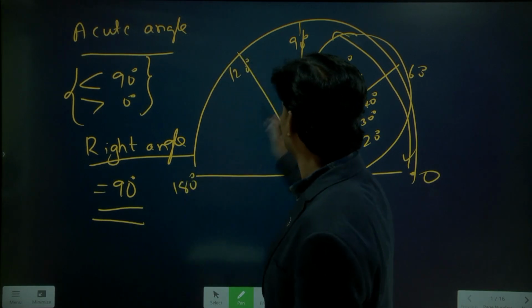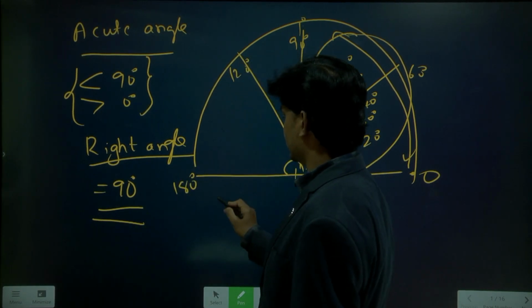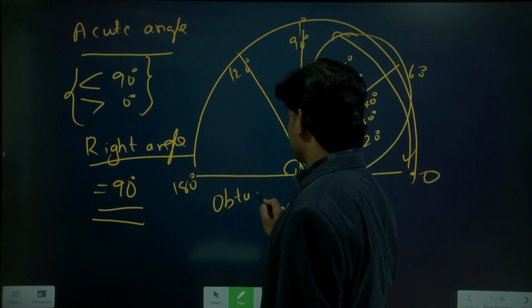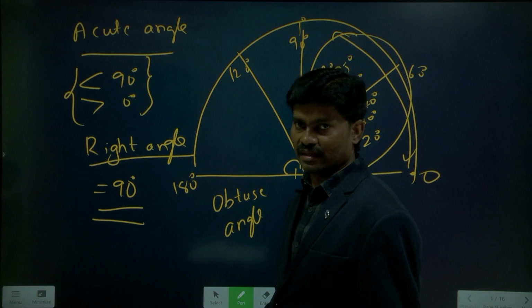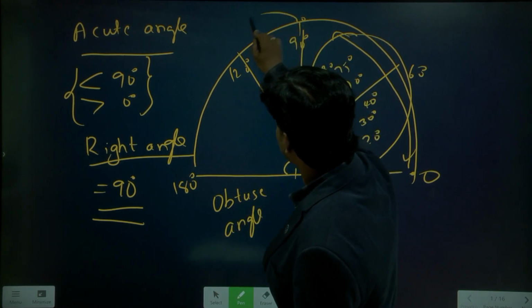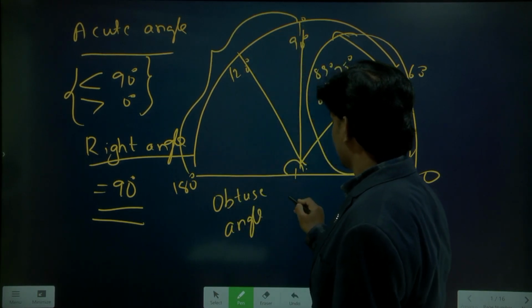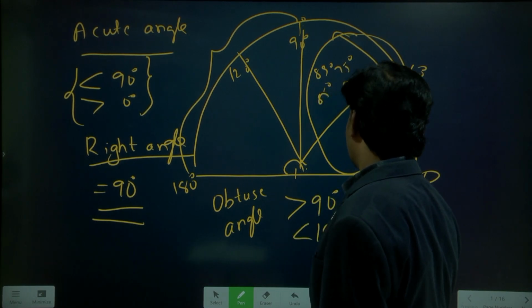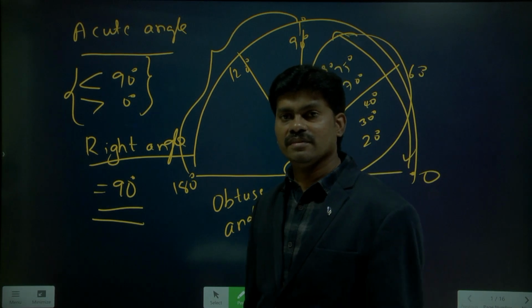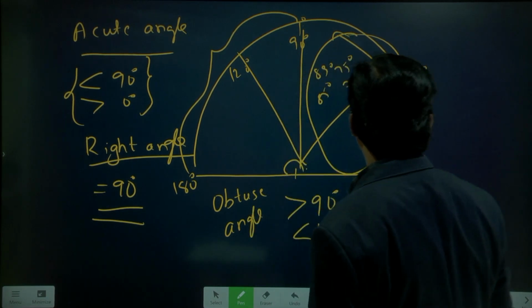That means this is the right angle. Next, obtuse angle. What is meant by obtuse angle? The place on the right side, left side, greater than 90 degrees and less than 180 degrees is called an obtuse angle.